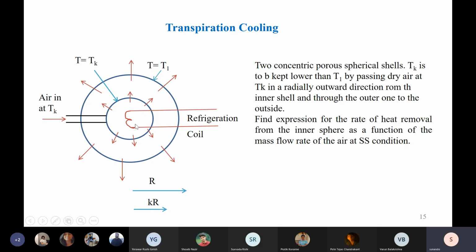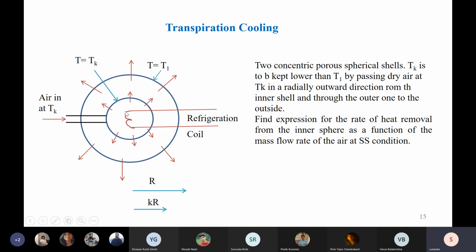So what is done is, if the temperature of this liquid oxygen is T_k, the air is being flown in here at T_k, which then exits out through the pores of the inner sphere, and then travels the space in between the two spheres, and then goes out through this.